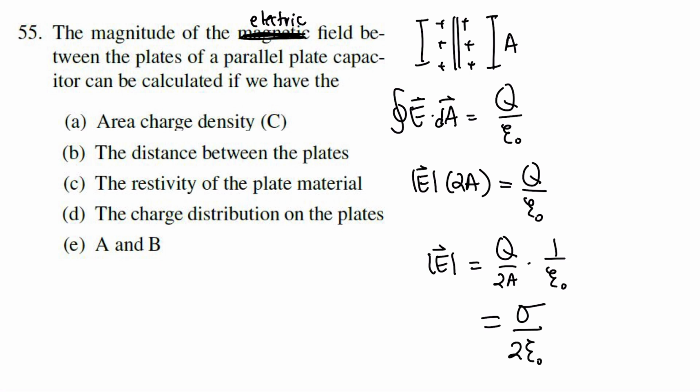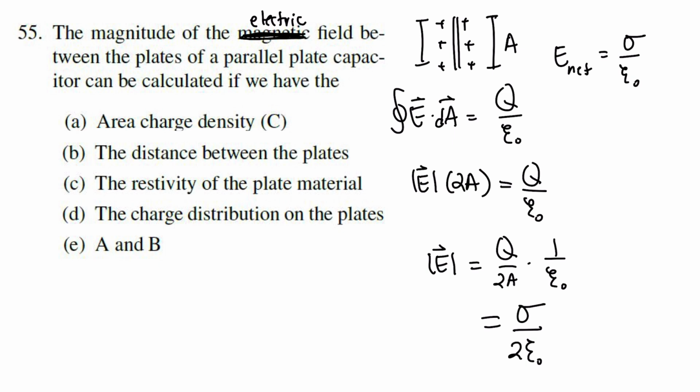And then for the actual net electric field for a capacitor is sigma divided by epsilon naught because of superposition, because you have two plates, obviously, in a capacitor, so the net electric field is just twice the electric field due to a single plate. But that basically means that the electric field inside a capacitor is uniform and it's not distance dependent.